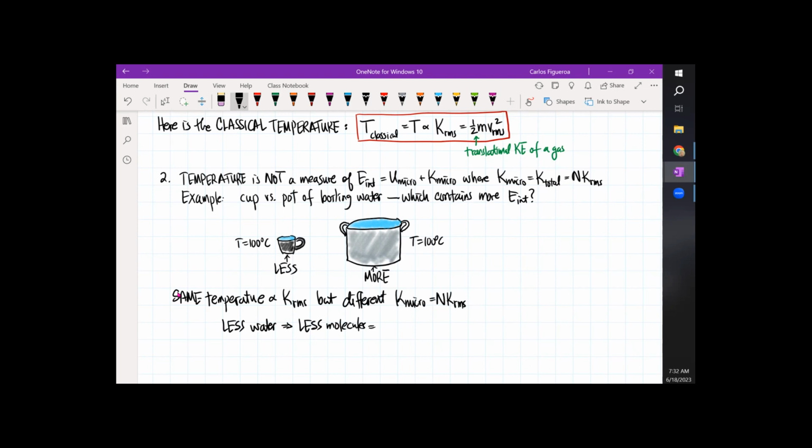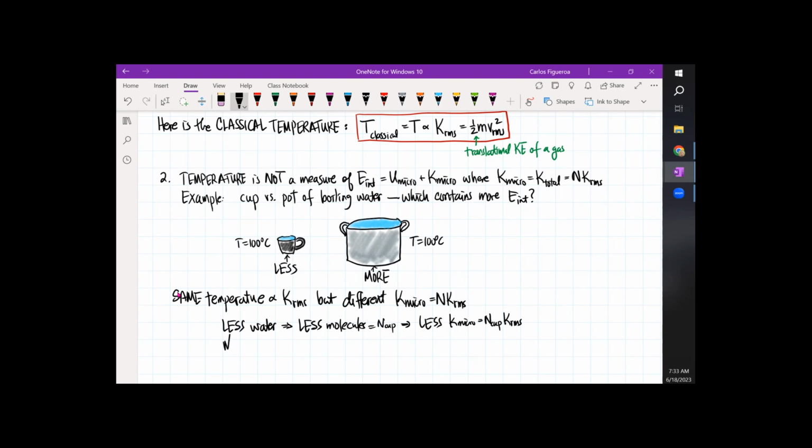So then that tells me that I have a small number of molecules. So therefore, it has less internal energy, excuse me, less K micro, because it's equal to this N of the cup times KRMS.